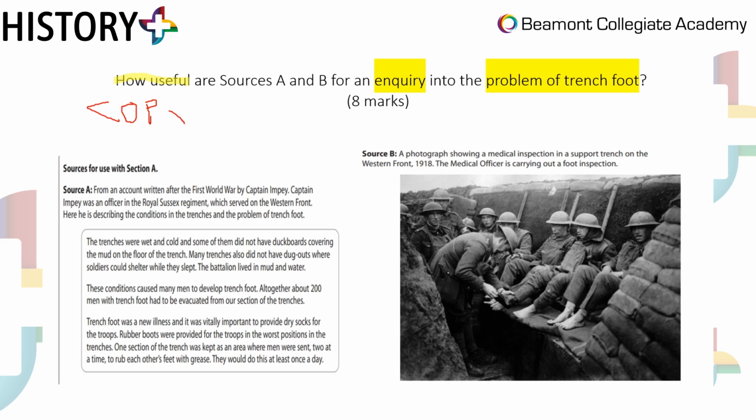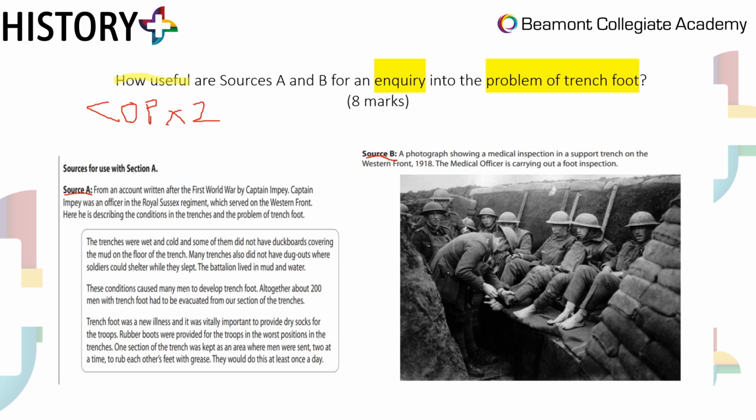And I would put x2 as well to remind yourself that you need to COP both sources separately. So do a COP paragraph for source A, and do a COP paragraph for source B.